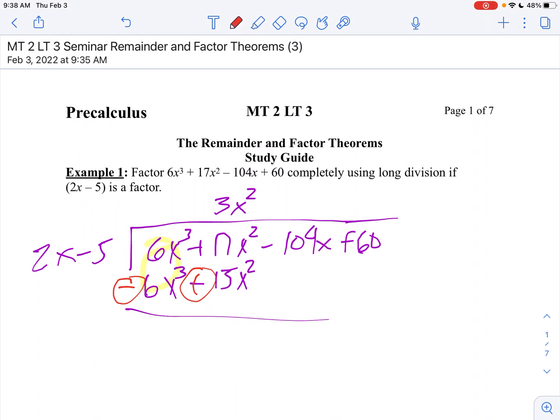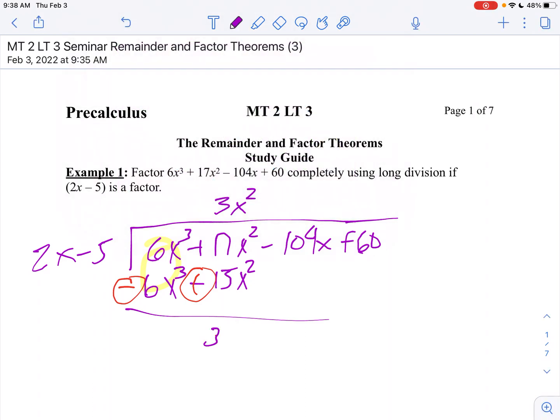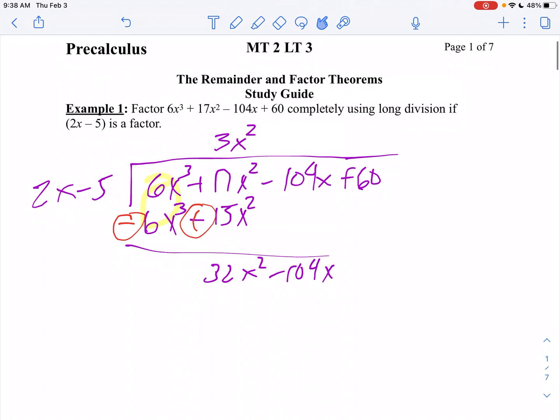And then I go 17 plus 15. Well, that would be 32. I don't like red. 32x squared. Bring down the 104x. Now, 2x times what gives me 32? Well, that would be 16x.